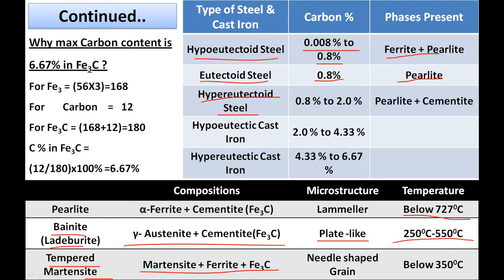That means the crystal structure is strain hardened. Actually it has no reason to be there, but it stays because it gets cooled very fast. It cannot get a chance to find a way out. That's why martensite is so hard sometimes in steel structure. This is actually a needle-shaped grain and the temperature is below 350 degrees centigrade.